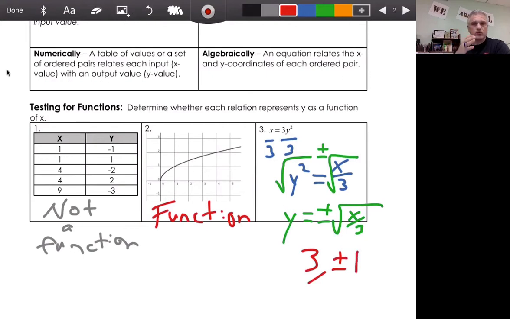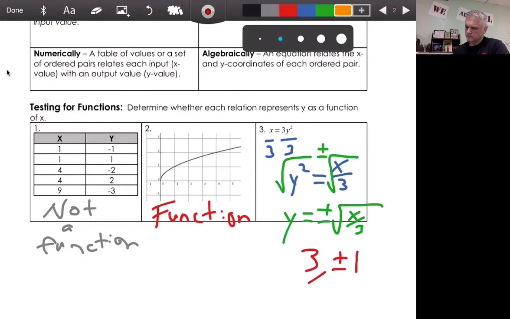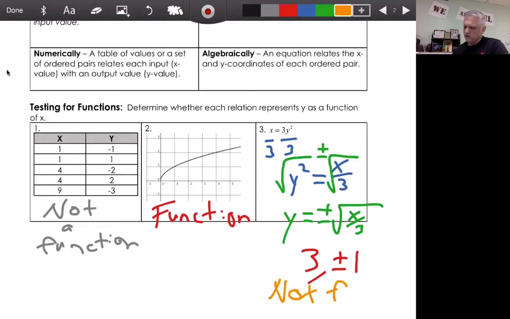So that means we got 3 comma 1 and 3 comma negative 1. That immediately tells me I've got 2 y's for 1 x. Can't happen. So this is not a function. And the indicator that I would say you look for is the fact that there's a plus minus. If there's a plus minus in y equals, then you know that's not going to be a function.